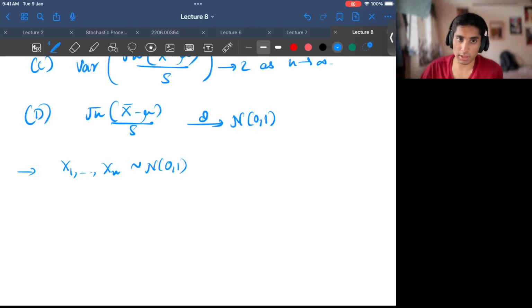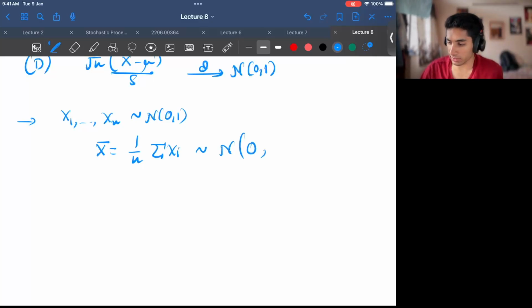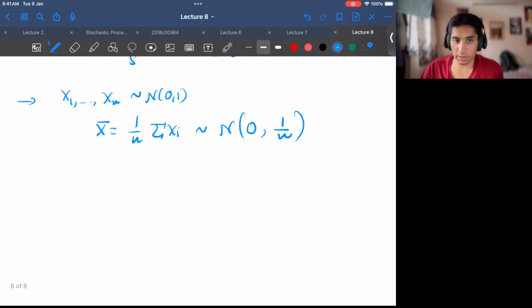First of all, let us do this. What did we see? That x bar, 1 by n summation xi, will follow a normal distribution with mean 0, and the variance will be 1 by n. This much we know, right?